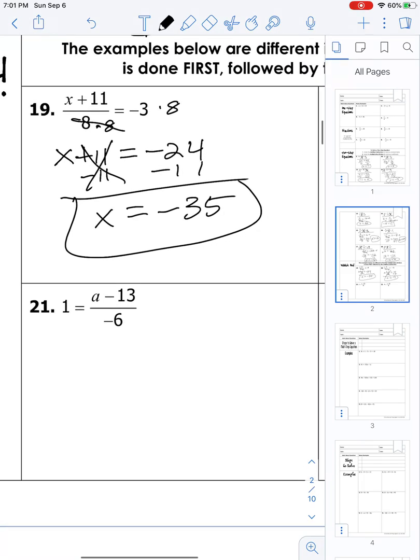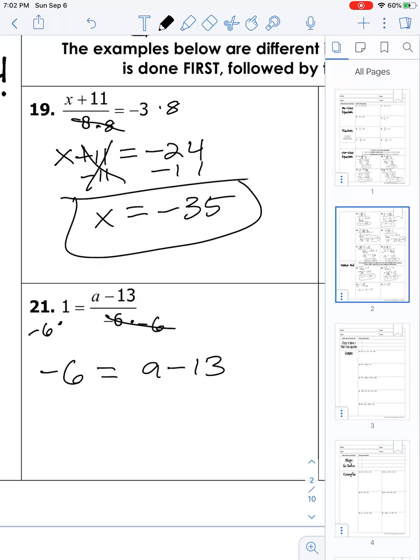Number 21. Okay? So, once again, we want to get rid of the bottom of the fraction first. So we're going to multiply by -6 on each side. So that cancels out. -6 times 1 is -6. And then the a minus 13 just drops down.